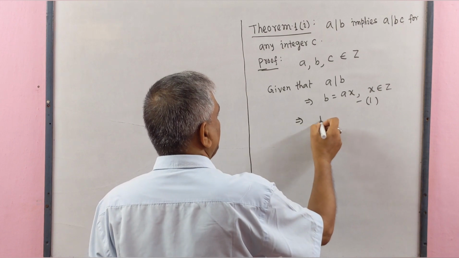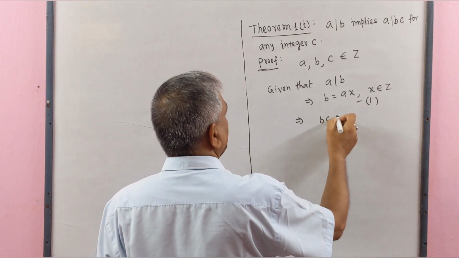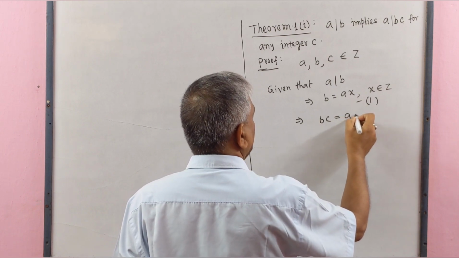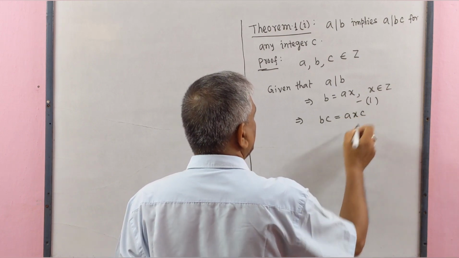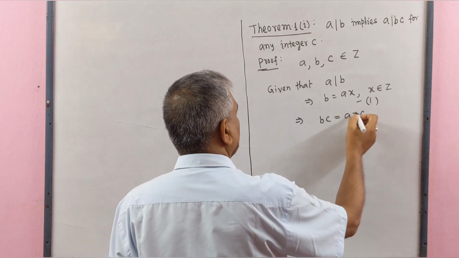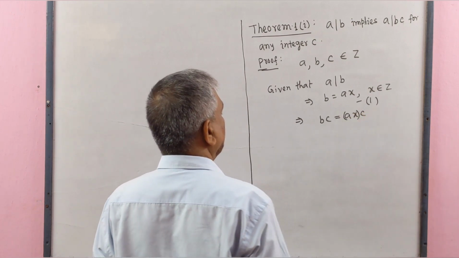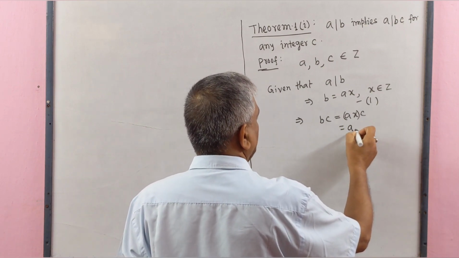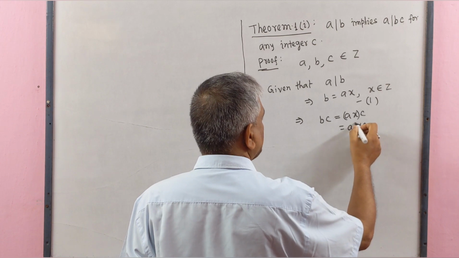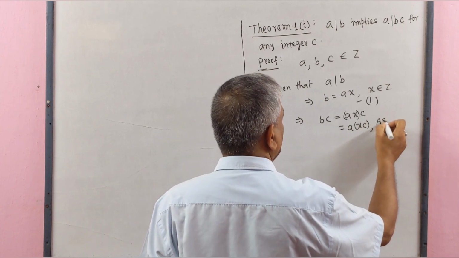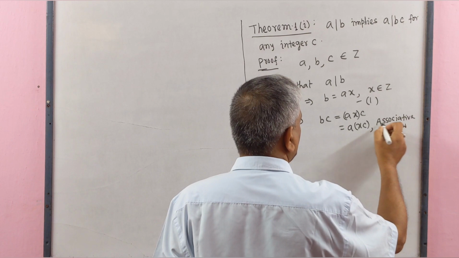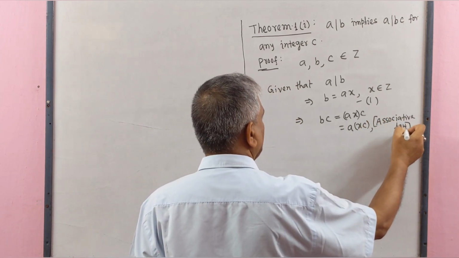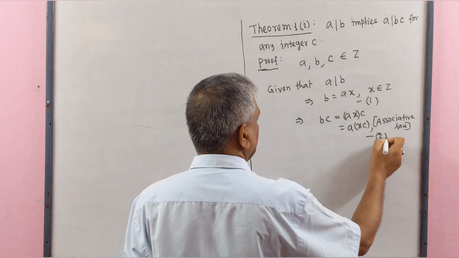Implies that BC equal to AXC equal to A(XC), associative law for integers. This is number 2.